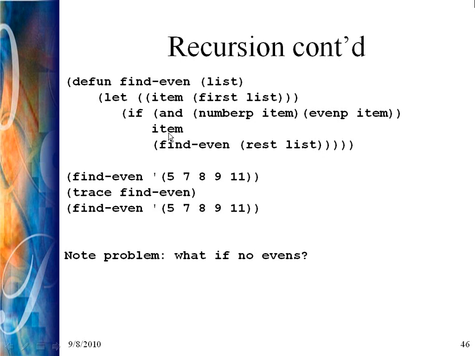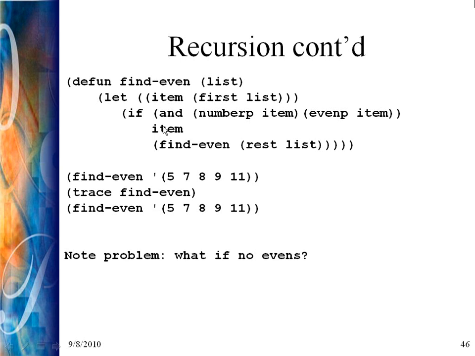We're done. But if it's either not a number or it's not even, we simply call the function find-even, the function we're just defining, again, on the rest of the list. Rest means cut off the first element of the list and call it with the remainder.